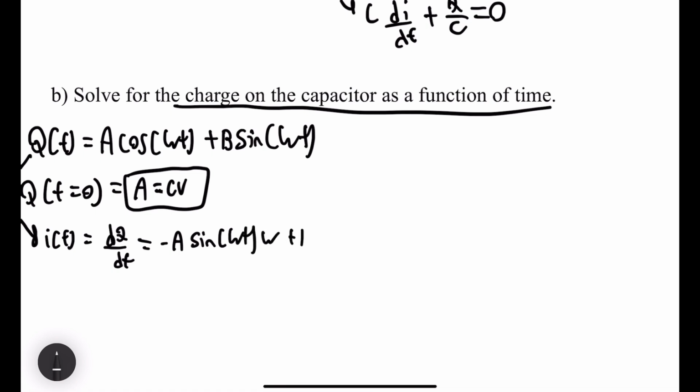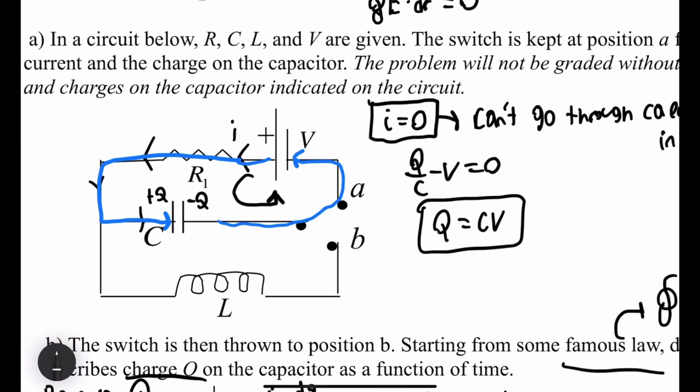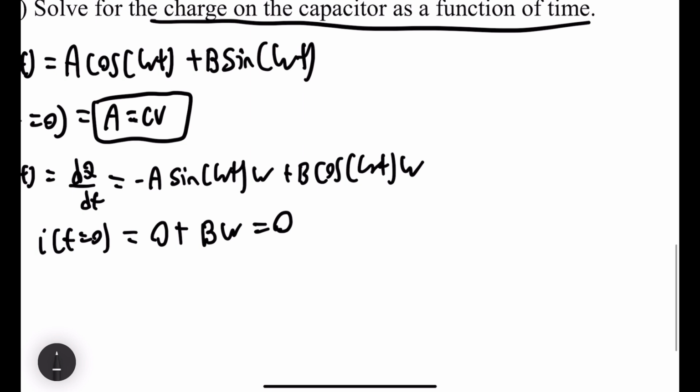Derivative of sine is cosine, so plus b cosine omega t, and times chain rule, which is omega. And now I put current at time equal to 0. I have a sine of 0 is 0, plus b cosine of 0 is 1, b omega. This is equal to 0 because my initial condition is that current is equal to 0. And in this step, you always solve for b here, so just divide by omega, so you'll get b is equal to 0.